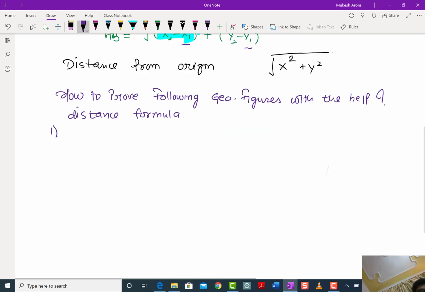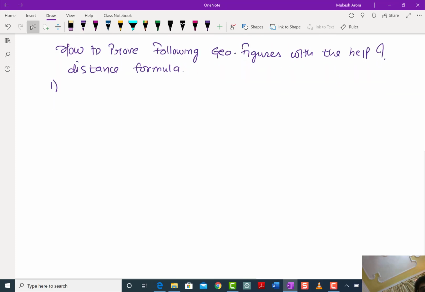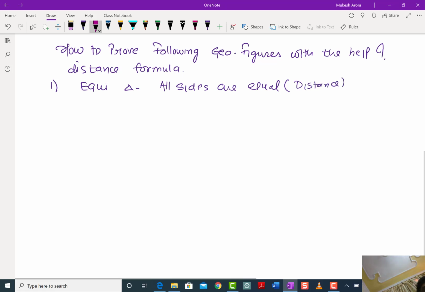Number one is an equilateral triangle. In an equilateral triangle, all sides are equal. That means the distances of all sides should be equal.